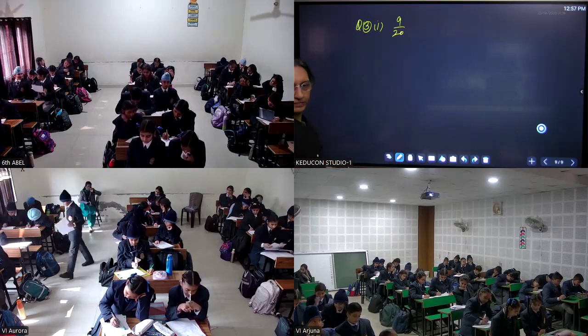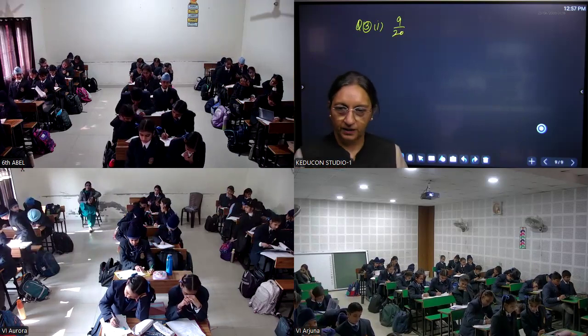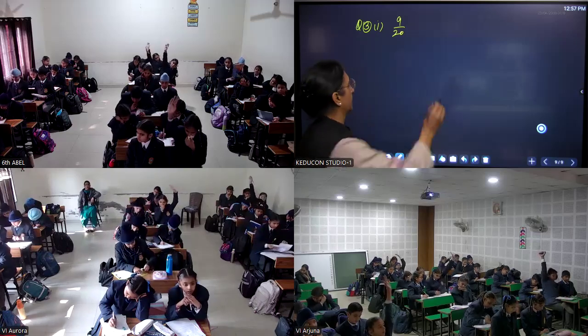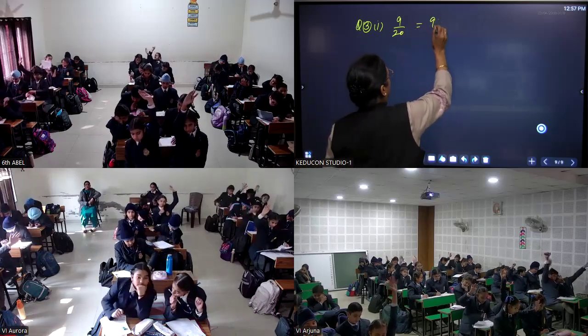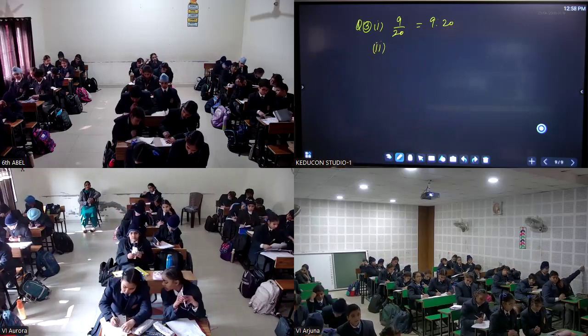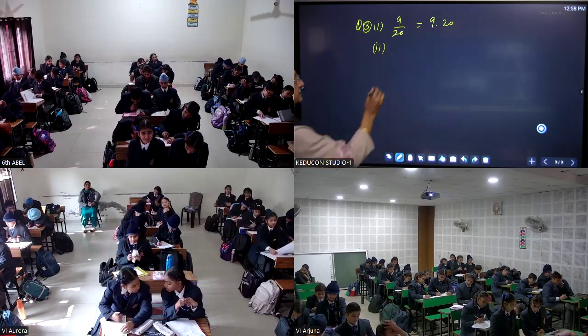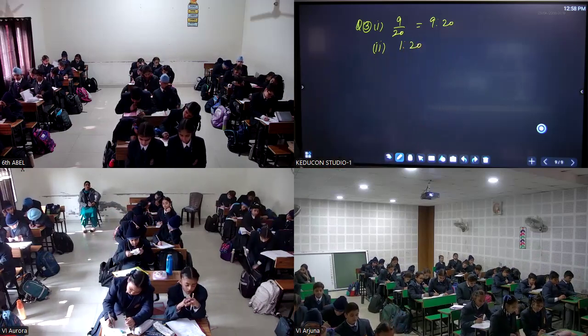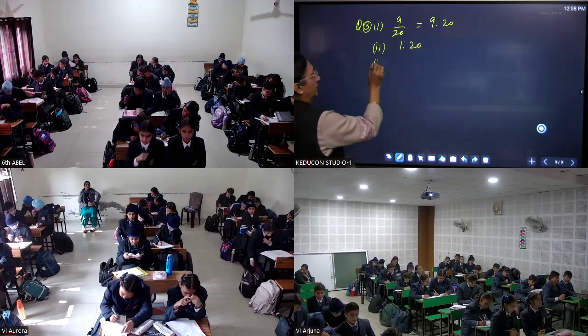You converted rupees into paise. Yes. Raise your hand quickly who have found 9:20. Yes, good. Tell me second one. Ma'am, next is 1:20. Yes, it was in meters only. No need to convert. They are already in same unit. Okay. Third one.